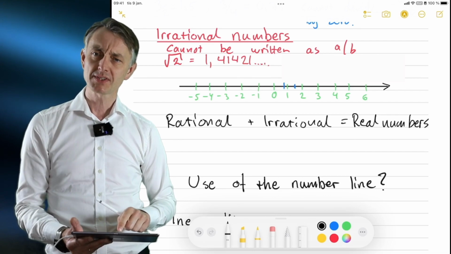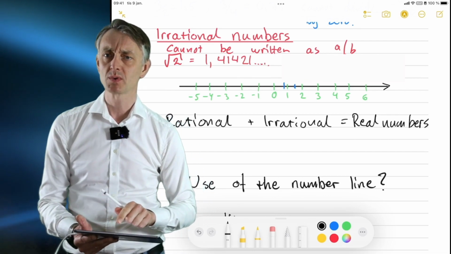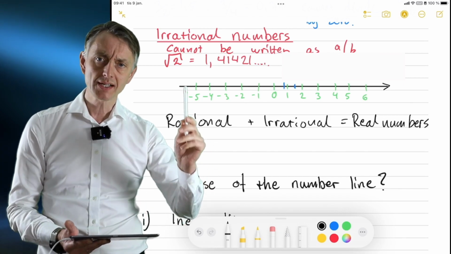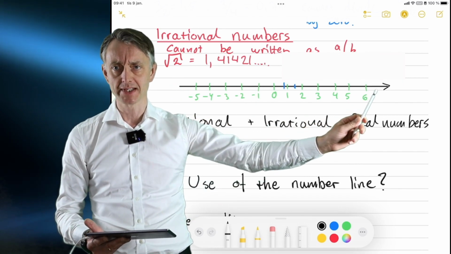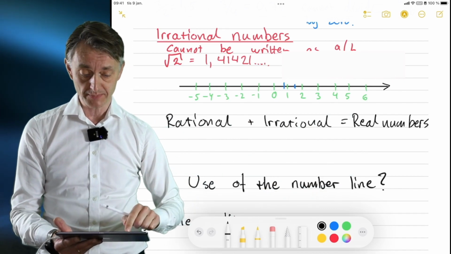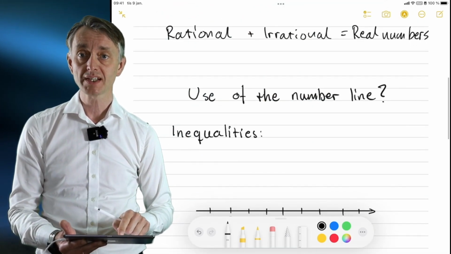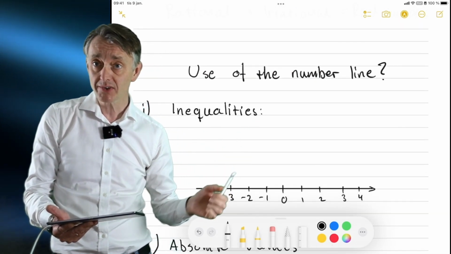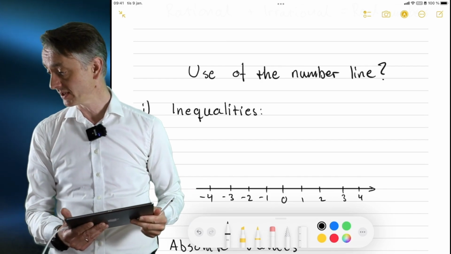Right. So then, now that we know what kind of numbers there are, why did we bother doing this? Why did we bother talking about this number line here? Well, what use can we have of the number line? Well, we can illustrate inequalities. That's something that we, as economists, quite often use, these inequalities.